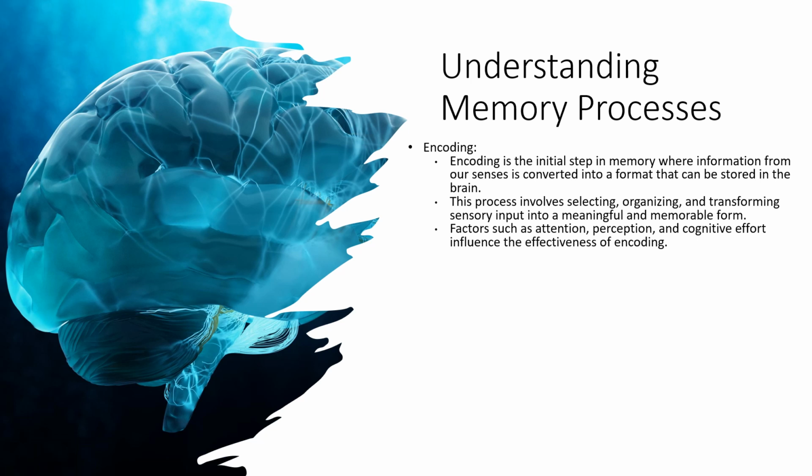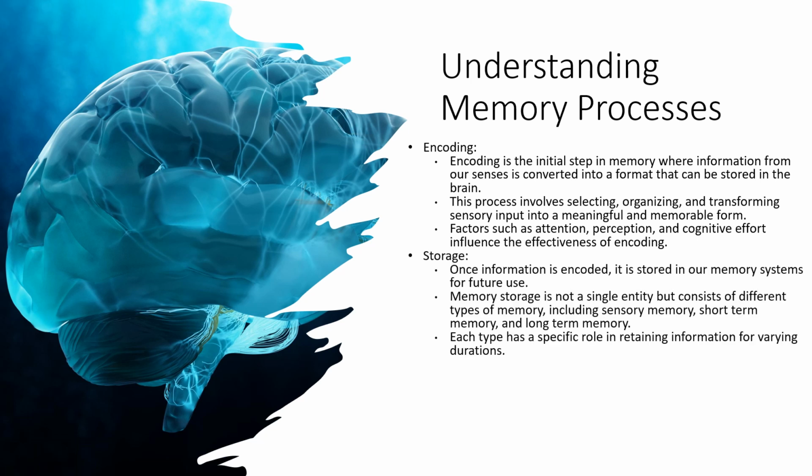Encoding is the initial step in memory where information through our senses is converted into a format that can be stored in the brain. This process involves selecting, organizing, and transforming sensory input into a meaningful and memorable form. Factors such as attention, perception, and cognitive effort influence the effectiveness of encoding.